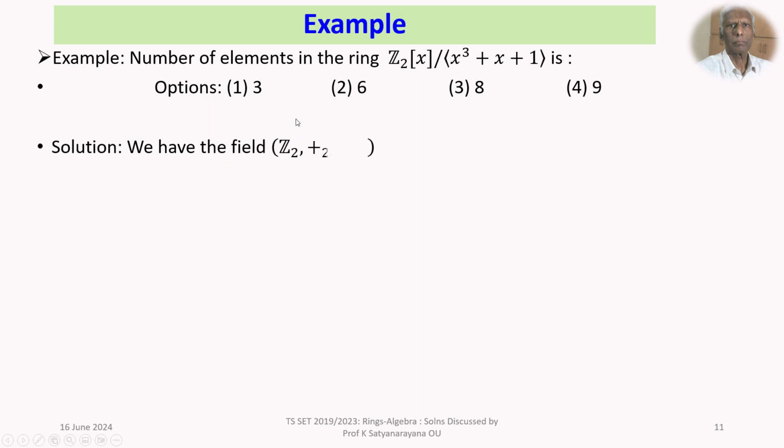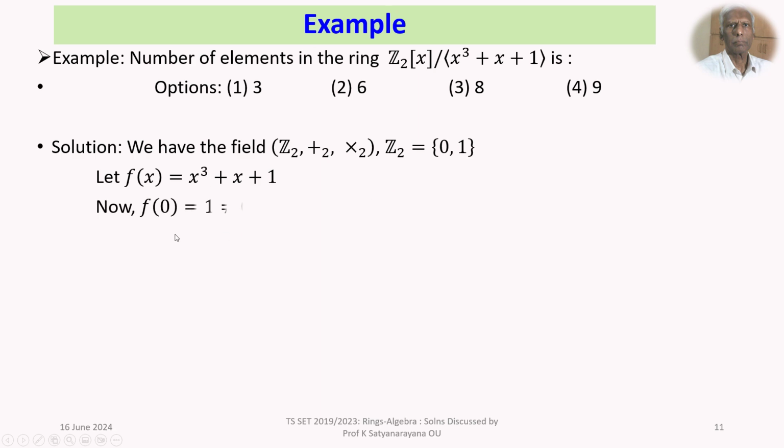We have the field Z2, addition modulo 2, multiplication modulo 2, where Z2 is {0, 1}. These are the residue classes modulo 2. Let f(x) be the given polynomial x^3 + x + 1. It is a polynomial of degree 3.